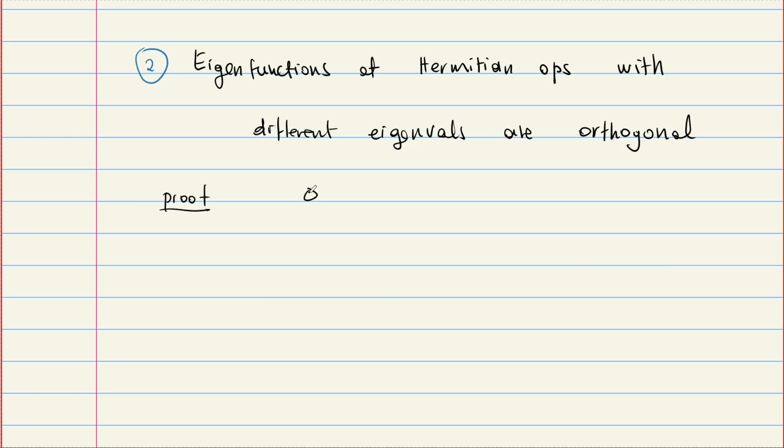Let's say I have Q F1 is equal to Q1 F1, and a second one, Q F2 is equal to Q2 F2. And I want to look at this thing, F1 Q F2.